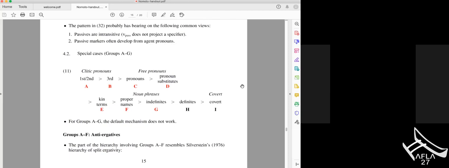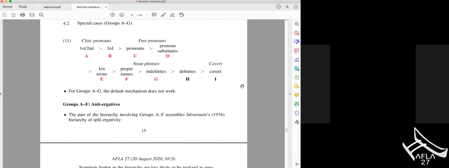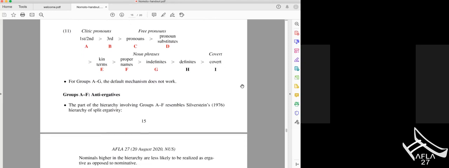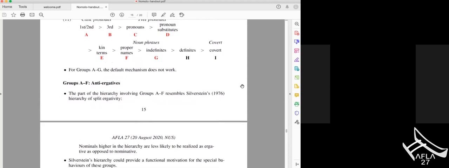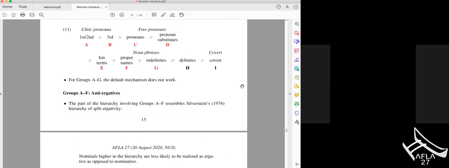For groups A through F, the part of the hierarchy for these groups resembles Silverstein's hierarchy of split ergativity, which says nominals higher in the hierarchy are less likely to be realized as ergatives as opposed to nominative.